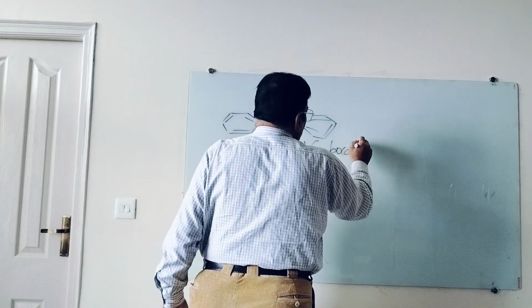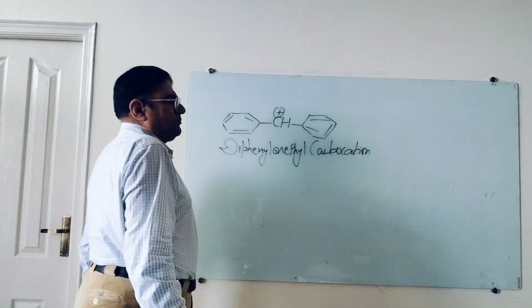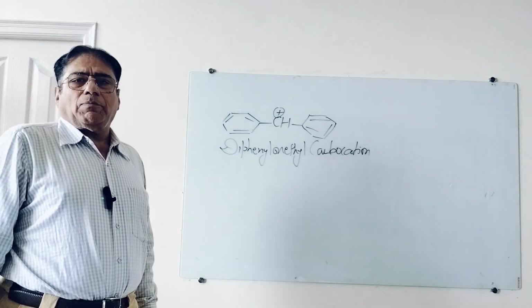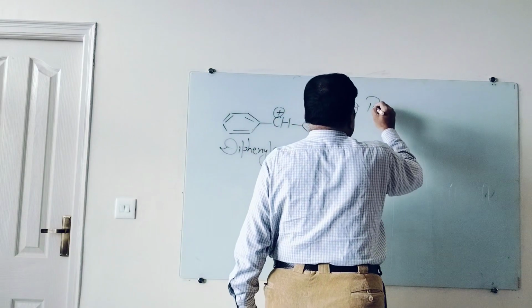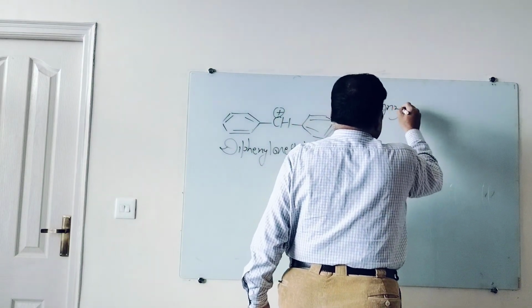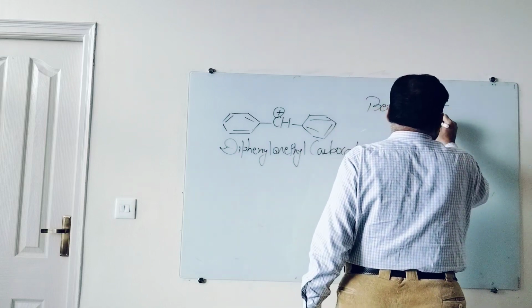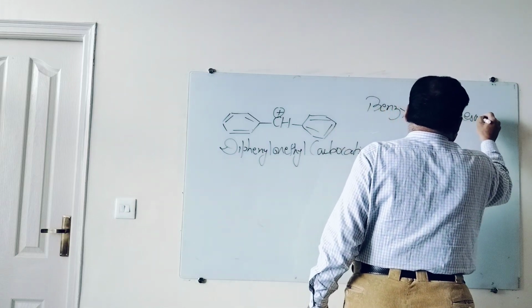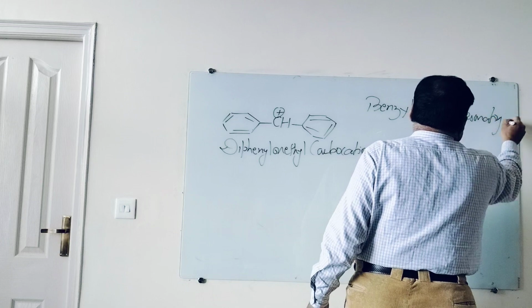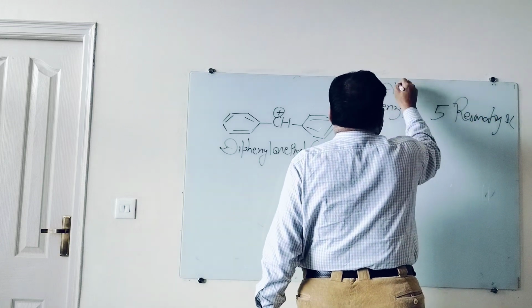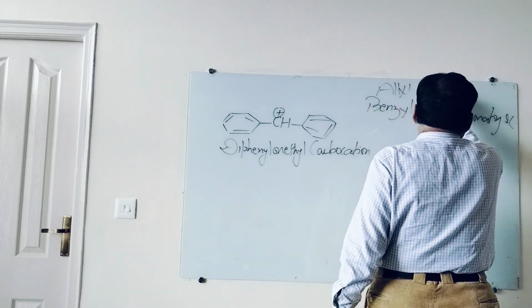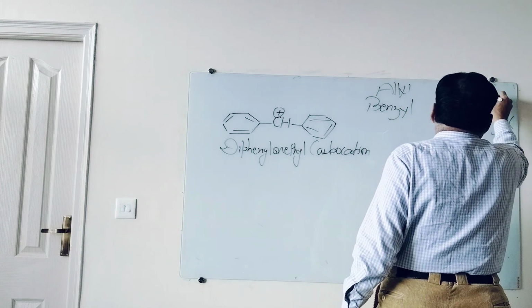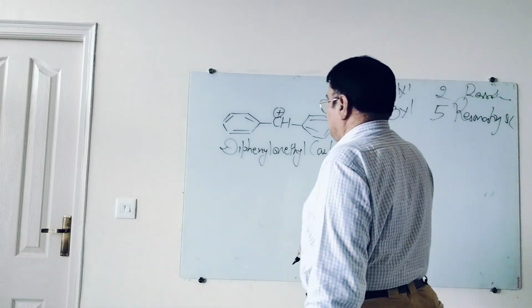Diphenyl methyl carbocation. Right, friends? When I took the example of benzyl just before, how many resonating structures were there? 5 resonating structures. In allyl carbocation, 2 resonating structures were there.